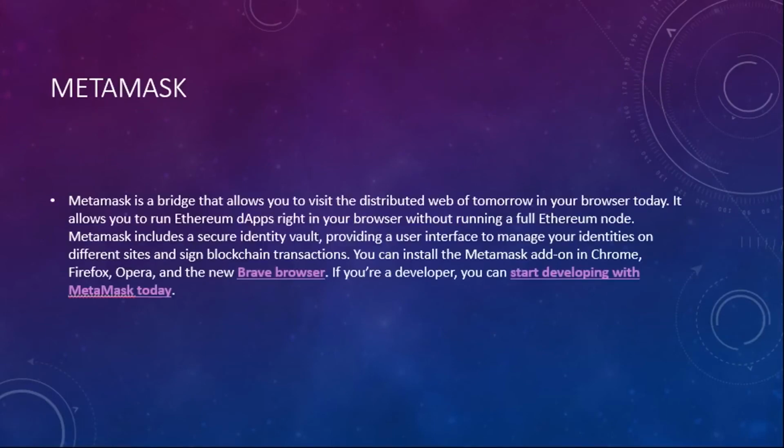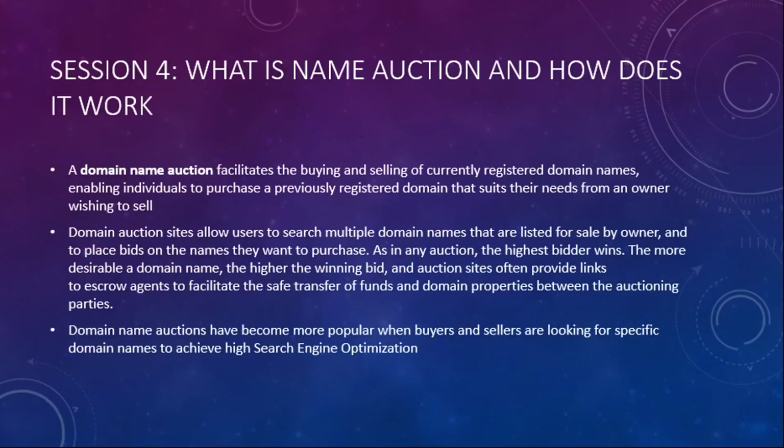I talked about MetaMask as a bridge that allows you to visit the distributed web of tomorrow in your browser today. Then I talked about what a name auction is and how it works, something that has existed for a very long time, even in the traditional way that we auction names. And then I talked about the Ethereum Name Service website, and how name auctioning on the ENS is very different.